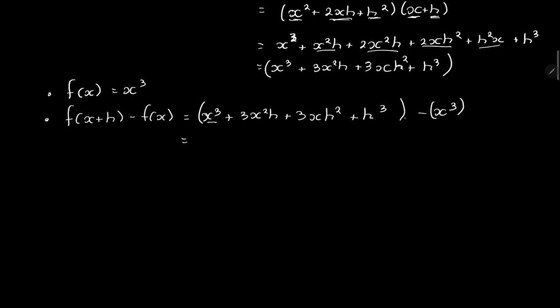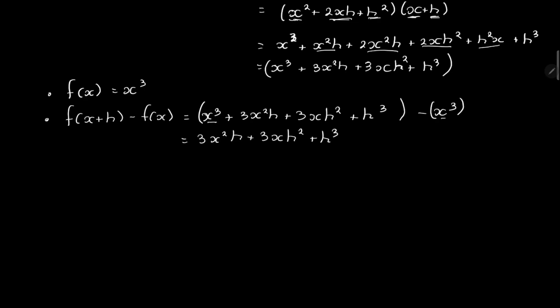Simplifying this, we notice that x cubed and x cubed are common and there is a subtraction here, so x cubed minus x cubed cancels out. This leaves us with 3x squared h plus 3xh squared plus h cubed.